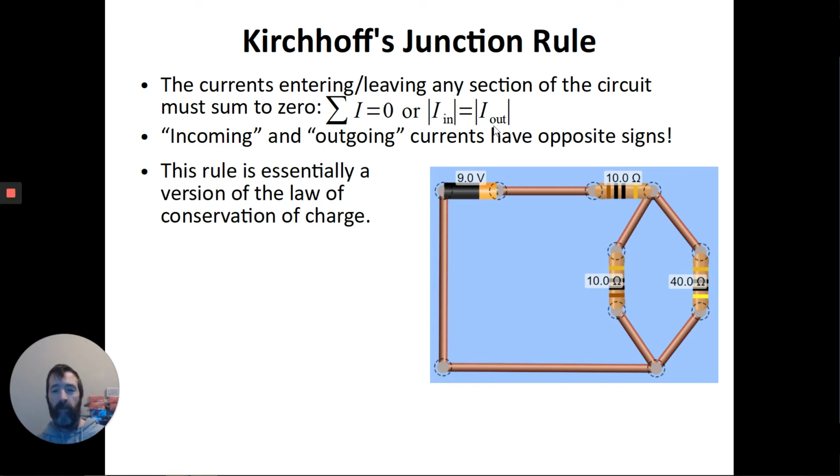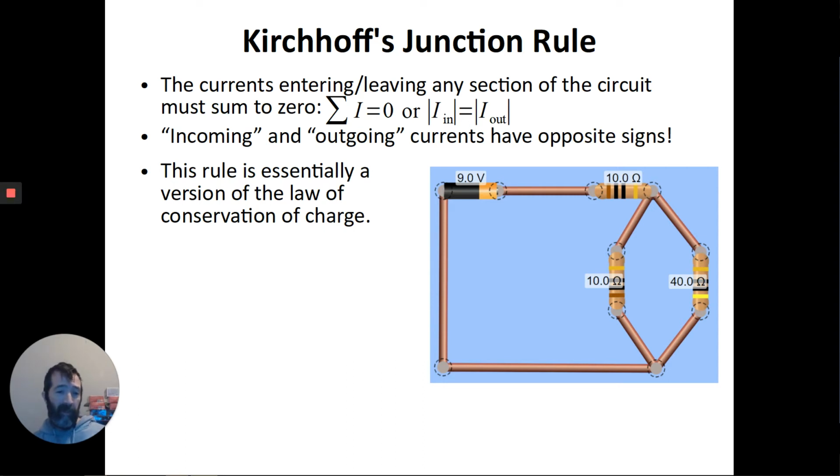Same thing. If you're going to use this sigma, the summation notation version, you have to put plus and minus signs on the currents. It doesn't matter which convention you choose, but like say everything coming in is positive and everything going out is negative, or vice versa. But you have to keep track of that.